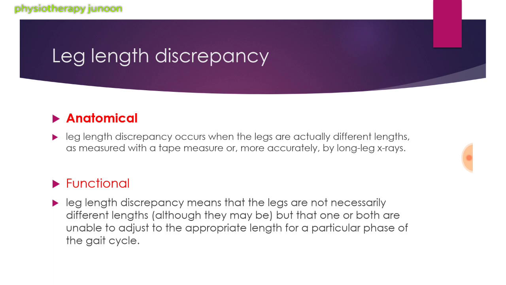Leg length discrepancy here means that the legs are not necessarily different lengths, although they may be, but that one or both are unable to adjust to the appropriate length for a particular phase of the gait cycle, like the swing and stance phase.